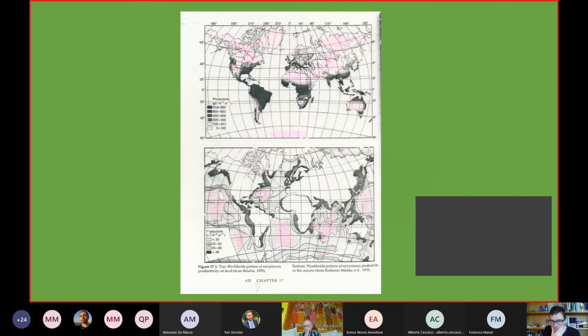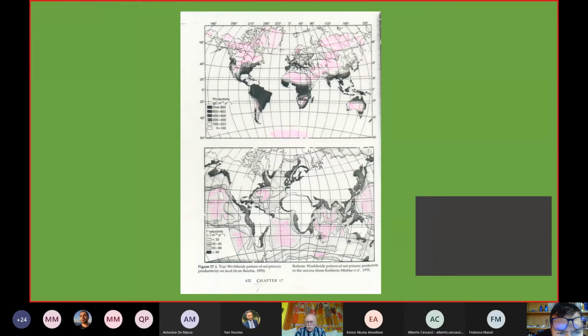Here you can see a very important thing. You can see at the top the different rates of photosynthesis, primary productivity, on land, and you can really see that it is influenced only by one factor, and it is the amount of rainfall.